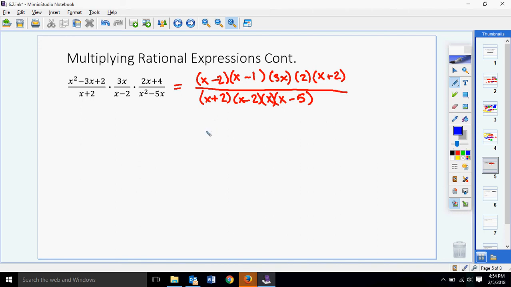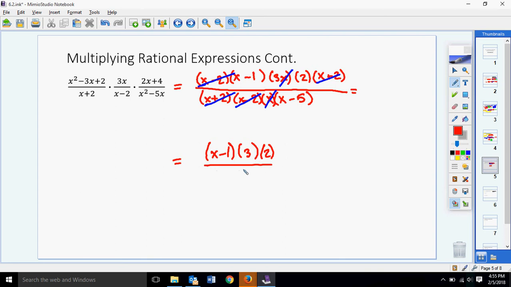After you get the numerator and denominator factored, it's time to cancel. So x minus 2 and x minus 2. I have an x plus 2 and an x plus 2. Now notice I have a 3x and an x. So I can cancel out the x and the 3x and the x with the 1. And now in my numerator, I'm left with x minus 1, a 3, and a 2.